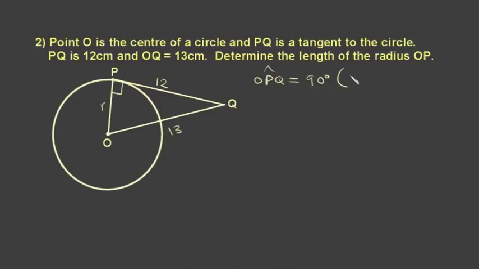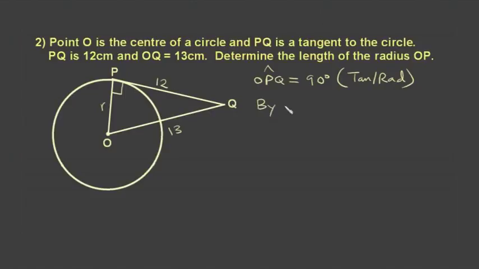Again, this is because the angle between a tangent and a radius is 90 degrees. Now we have this right-angled triangle. 13 is the hypotenuse of this right-angled triangle. Then we can just apply the Pythagoras theorem.